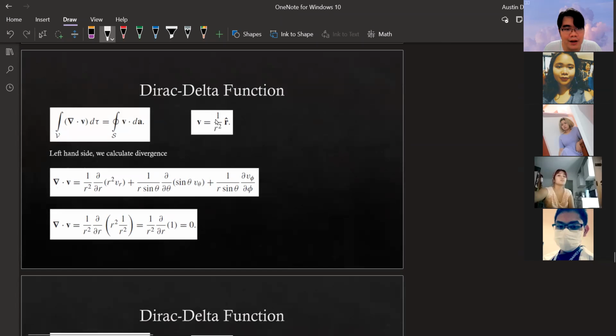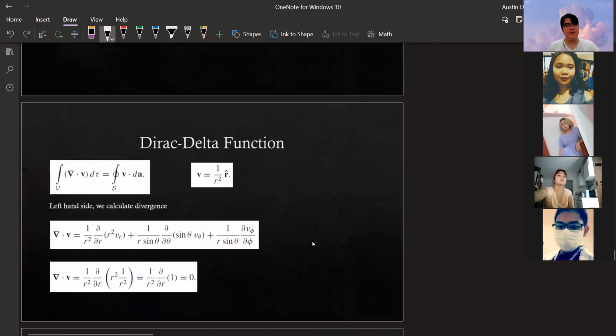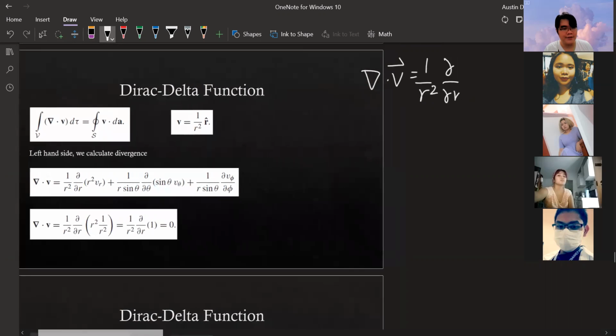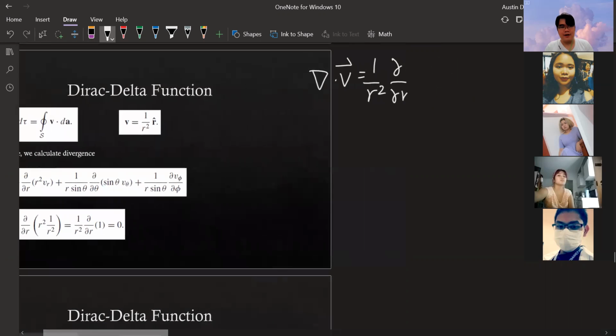So, v is equal to 1 over r squared, r hat. And mapansin natin, wala tayong theta and wala tayong phi na variable. Okay? So, kung wala yun, wala tong mga terms na ito. So, gawin natin yung divergence. Okay. Let's do the divergence. Divergence ng v is just, kopyahin ko lang, 1 over r squared, partial ng r, r squared v_r pala, sorry.